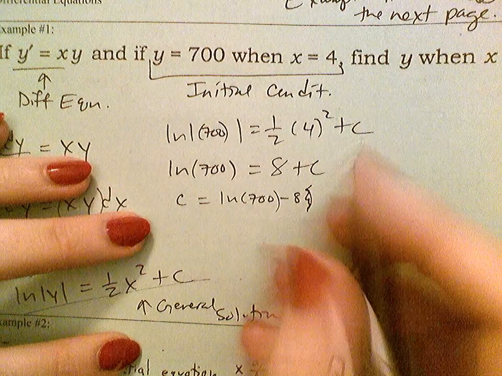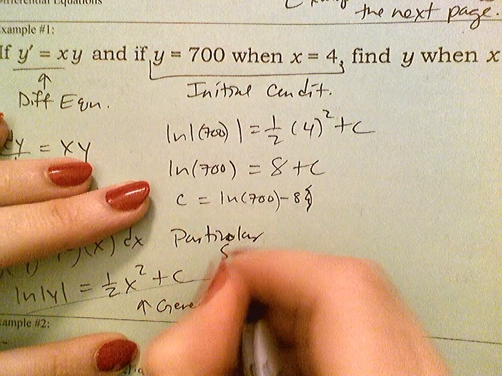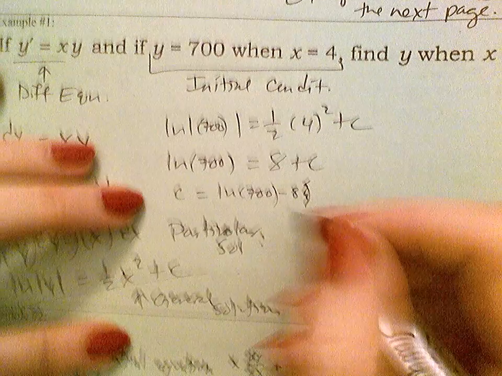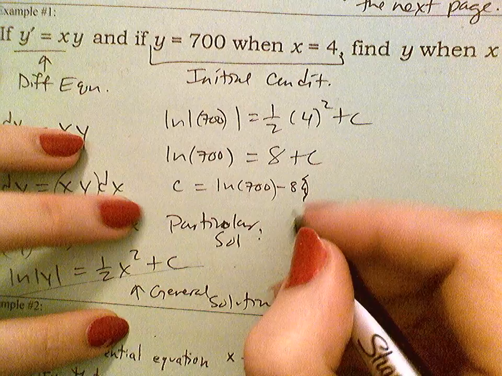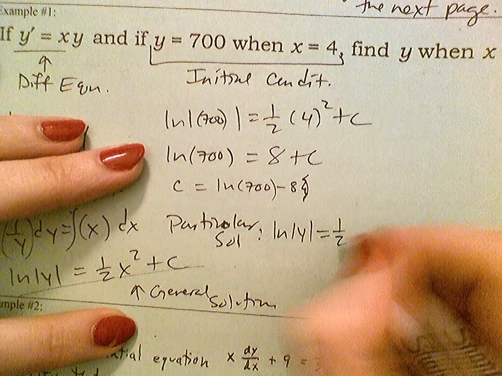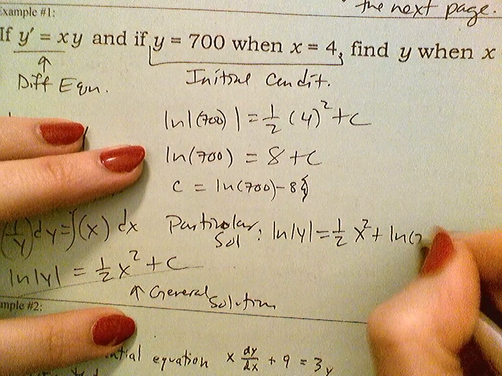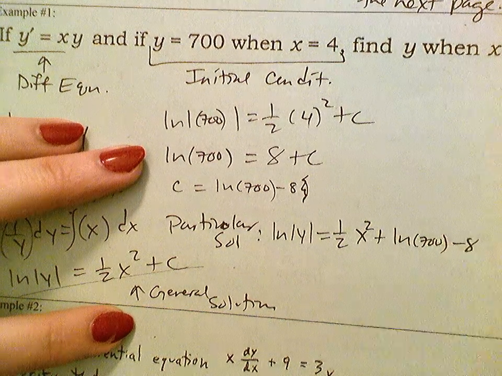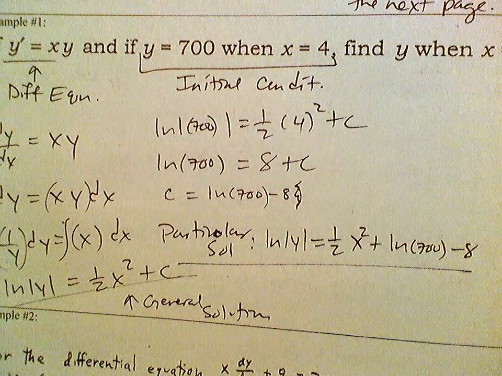So my particular solution is the natural log of the absolute value of y equals 1/2 x squared plus natural log of 700 minus 8.